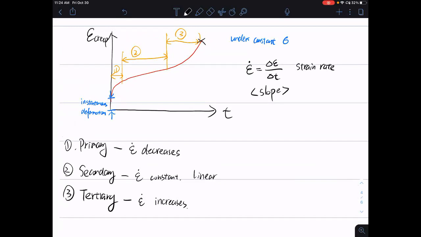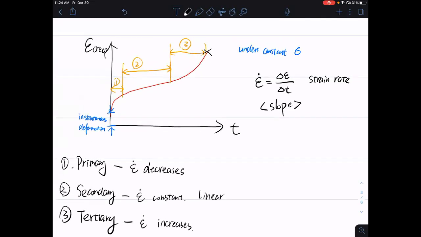So what is happening at the end of that curve? So at the beginning, we have some deformation, and that deformation gradually increasing, become larger and larger, and in region 2, it keeps constant, but still increasing at the same rate. At region 3, that strain rate accelerates. What is happening at the end of that curve? Fracture, yes.